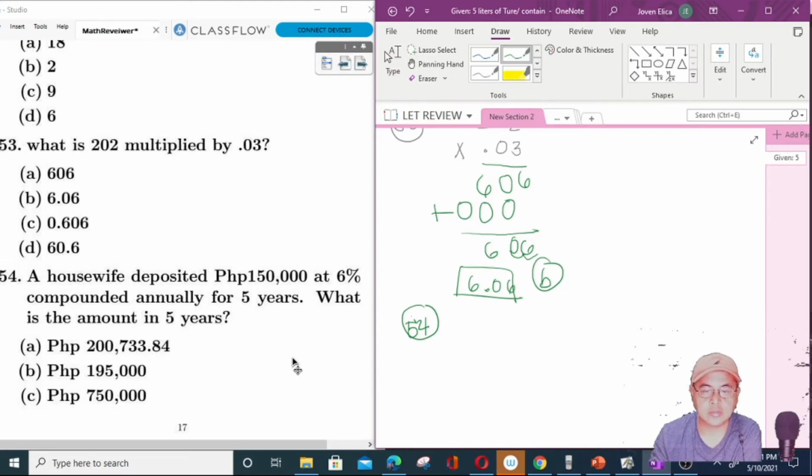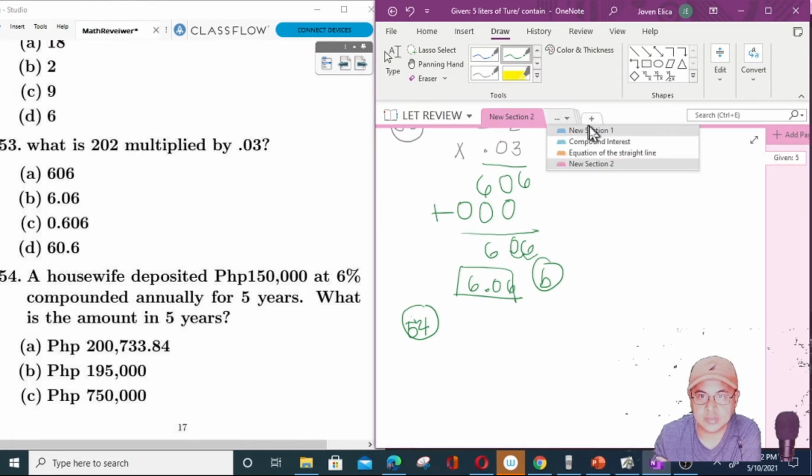What is compound interest? Because number 54 is related to compound interest, since it says it's compounded annually. So therefore we need to use the compound interest formula. I'm going to be showing you.